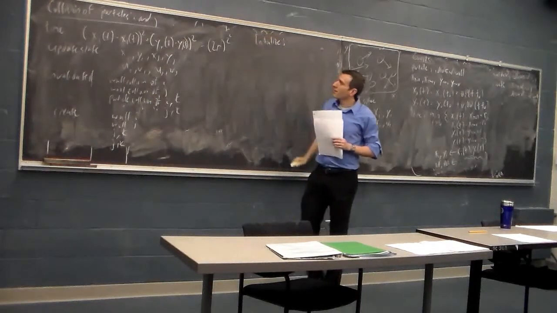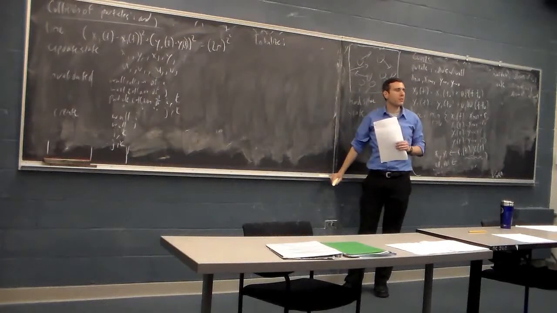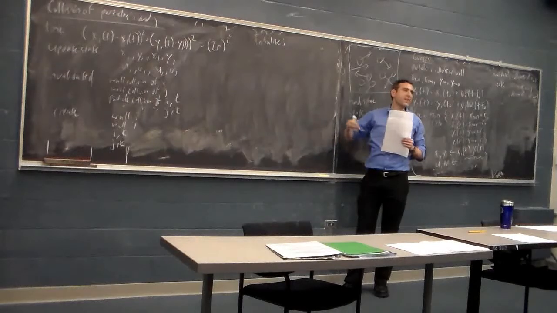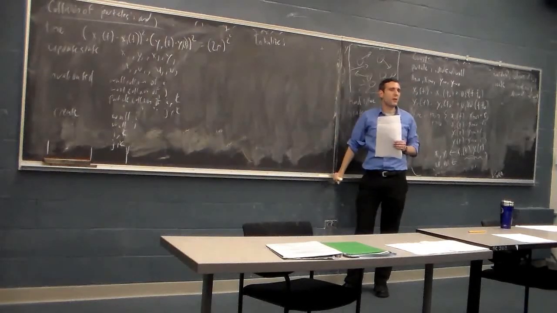And can anyone tell me what initialization would look like for this model? What do we need to initialize? So let's say the user gives you initial particle positions and velocities. What else do you need to do to initialize?